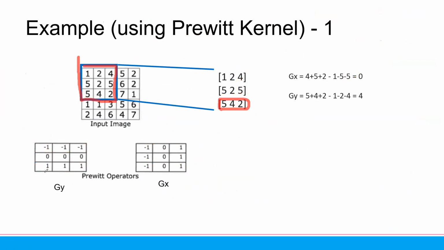The bottom part we can just multiply by 1, so I will have 5 plus 4 plus 2. And then the top one we multiply with minus 1. So minus 1 multiplied by 1 is minus 1, minus 1 multiplied by 2 is minus 2, minus 1 multiplied by 4 is minus 4. So we have the result 0 and 4.